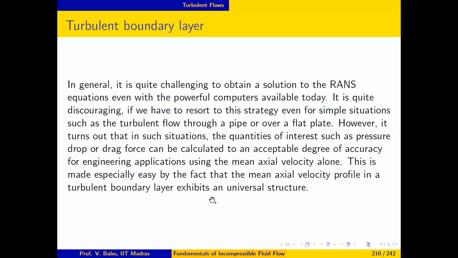So this universal structure allows us to actually calculate quantities of engineering interest like pressure drop in turbulent flow in a pipe, or skin friction drag due to turbulent flow over a flat plate quite easily without resorting to solving the Reynolds-averaged Navier-Stokes equations, or even the full Navier-Stokes equations. So the universal turbulent boundary layer structure is what we will take up next.